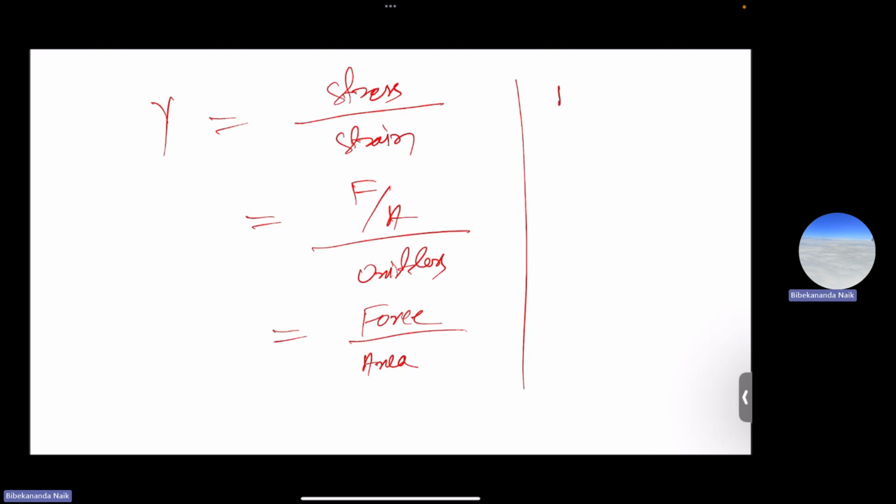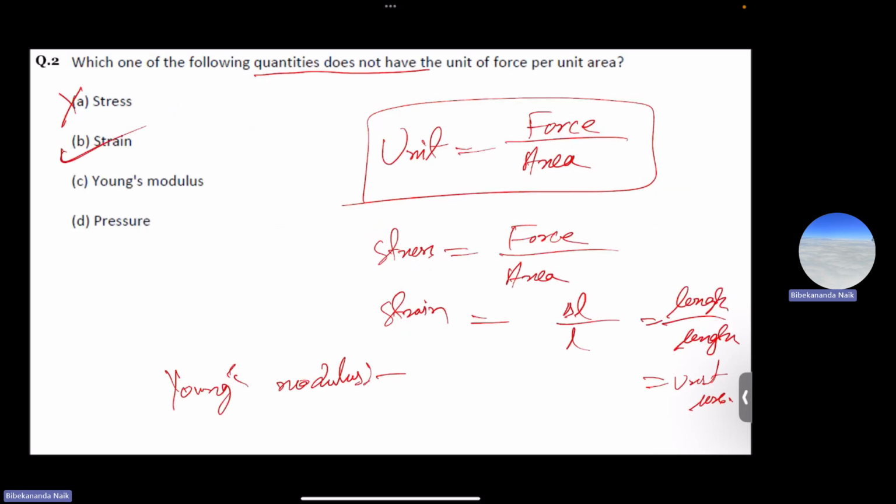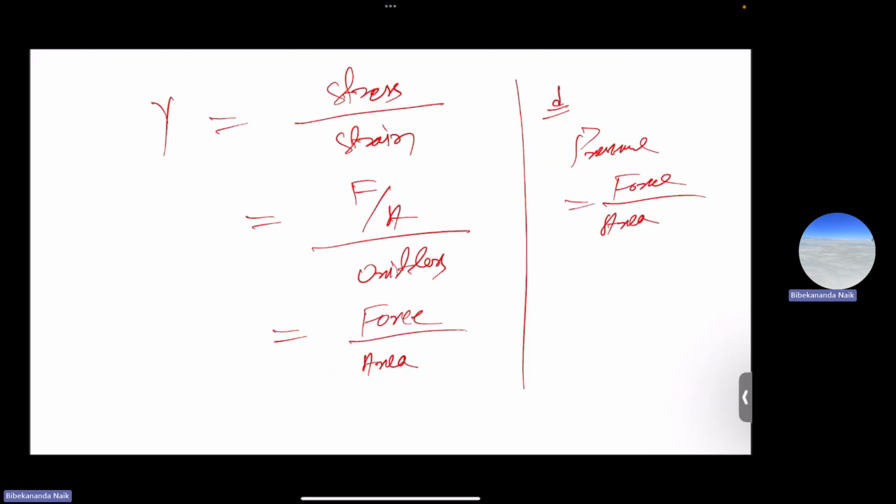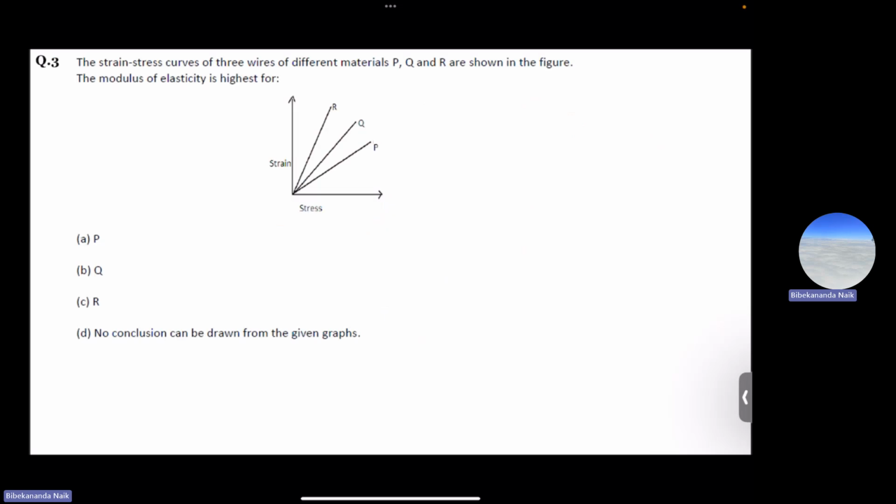And option D, pressure. Pressure is also nothing but force per unit area. So the correct answer is strain, and strain does not have the unit of force per unit area because strain is unitless or dimensionless. I hope this is clear. This was a bit straightforward question. Now let's come to question number 3.